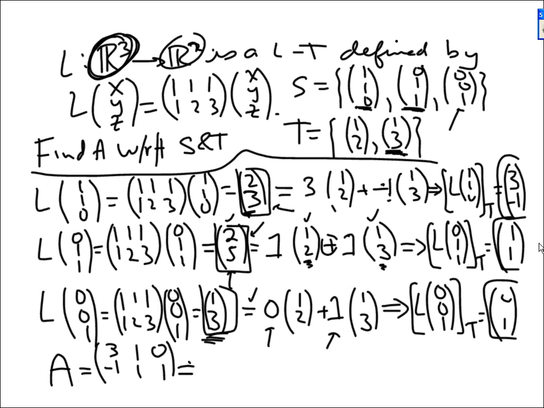And this matrix is used to find the following. If you want L of x with respect to T, what you do is you take the matrix A and then you multiply it not by x, but by the coordinates of x with respect to S. And that's what we found on the bottom left. We found that matrix that makes this equality correct or valid.